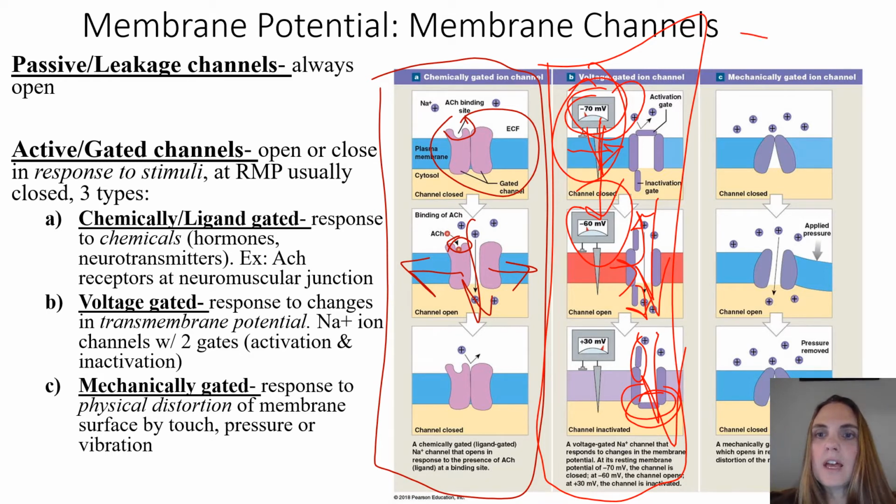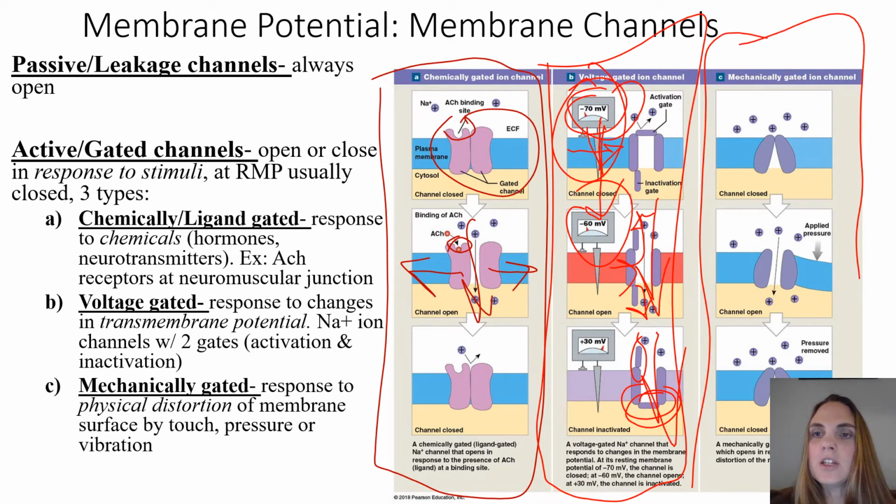And then our third kind of gated channel is our mechanically gated ion channel. These mechanically gated channels are going to open in response to physical distortion, such as pressure that's being applied to the membrane. An example of where we would see this would be the sensation of touch.